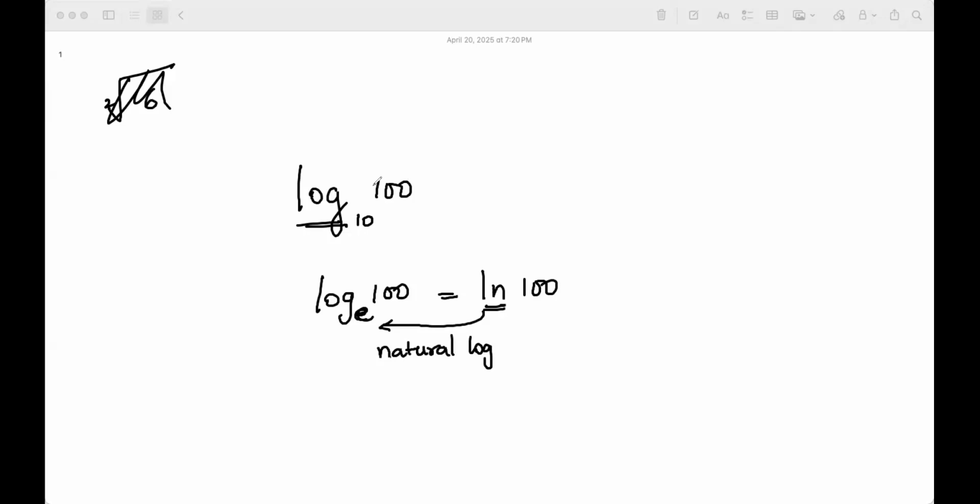These are definitions, guys. If you see the word log without any base, it's base 10, whereas if it is log base e, they can refer to it as ln.